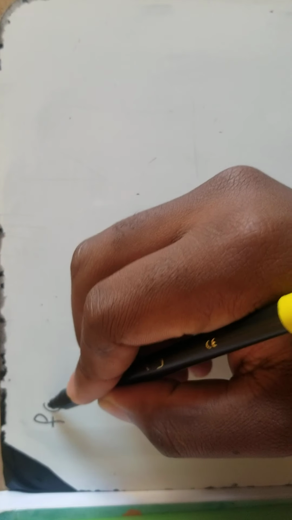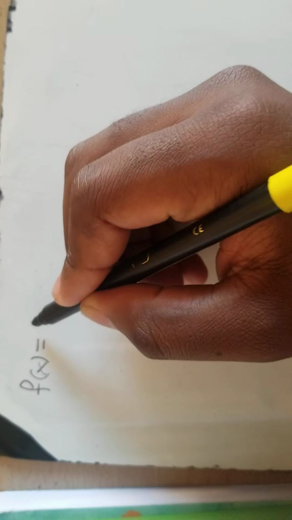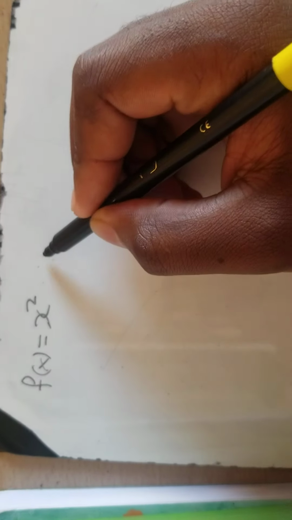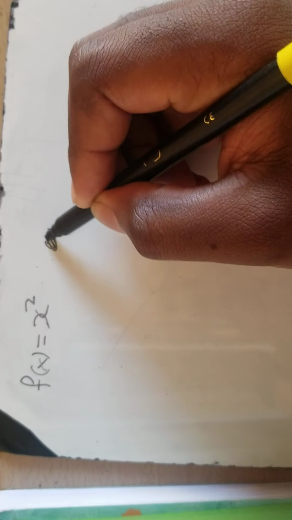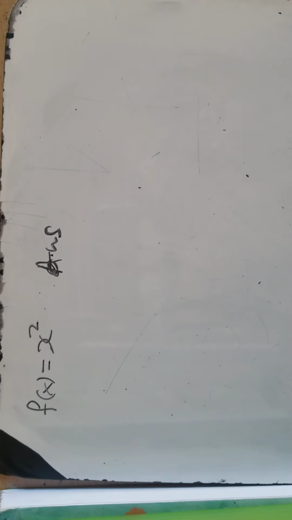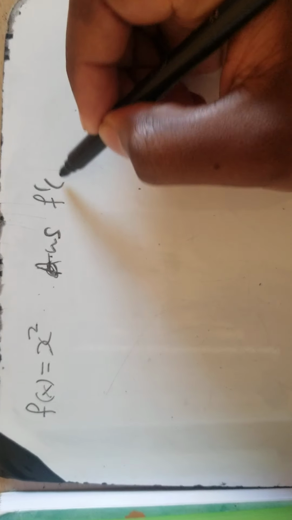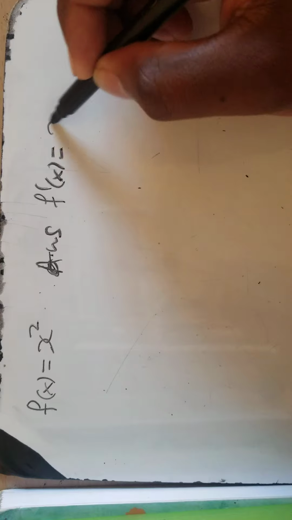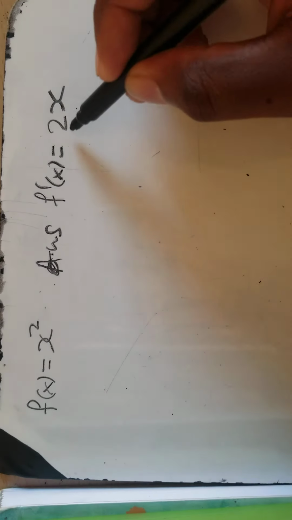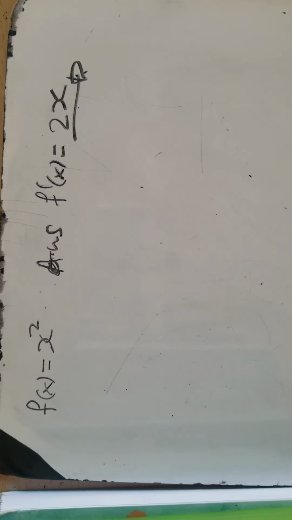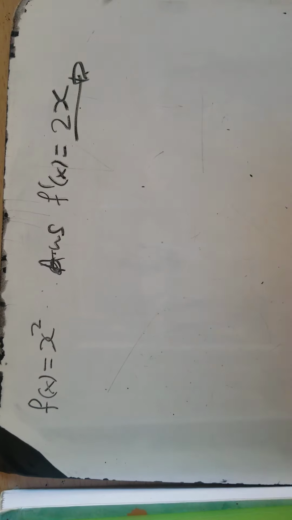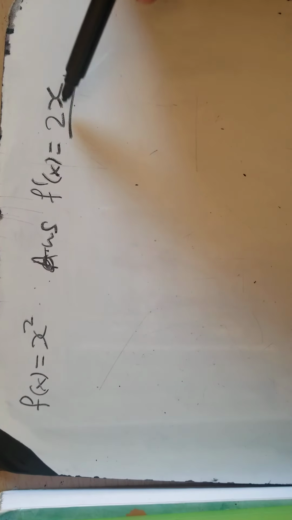For instance, we were given an equation f of x is equal to x squared, but the answer using first principles was found to be 2x.